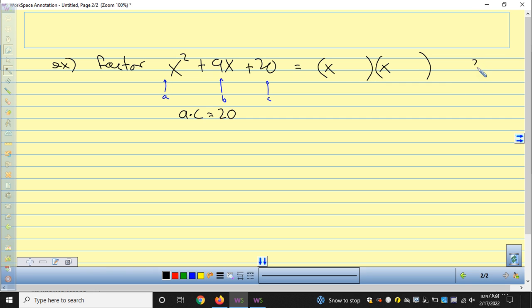So here's the factors of 20. 1 and 20, yes? Isn't it 5 and 4? Yes, it is 5 and 4. But if you're not sure, this is how I would go about it to help you out. 2 and 10, 3 doesn't go into 20, 4 and 5. That's the one. 4 times 5 is 20, and 4 plus 5 is 9.